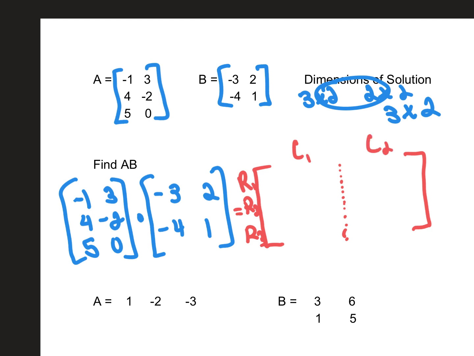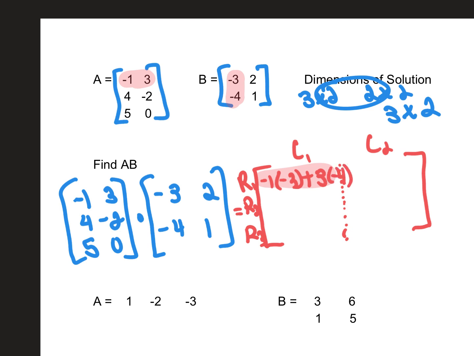Okay. So if we think about it, kind of like when we do the box method or anything when we multiply, that's kind of how we could think about it. To get this information right here, we are going to take row 1 of A times column 1 of B. And we're going to multiply the coordinating pieces and add them up. So that means I would have -1 times -3 plus 3 times -4.